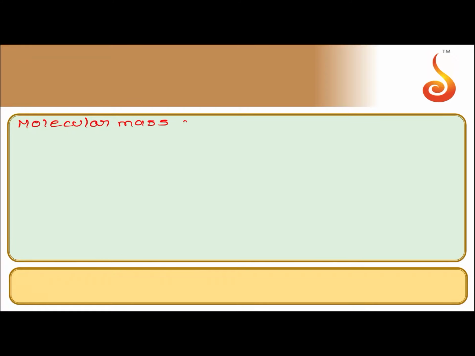Molecular mass of alcohol. What is the molecular mass of alcohol given? 240. Then molecular mass of acetyl derivative of alcohol.